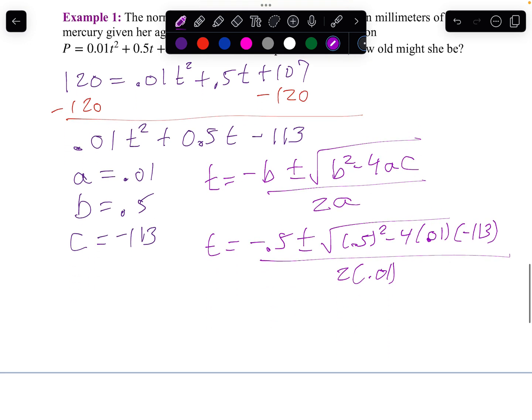Now, at this point, we're going to use our calculator. So it's negative 0.5 plus or minus 0.5 squared, which is 0.25. I always like to do the signs first. So a minus 4, but we're multiplying it by a negative, so a negative times a negative is a positive. Now, let's use our calculator for this part.